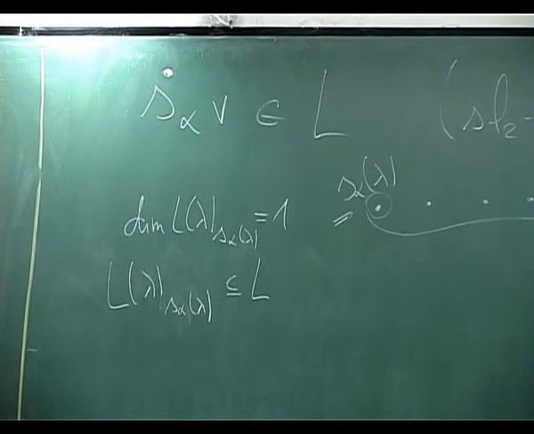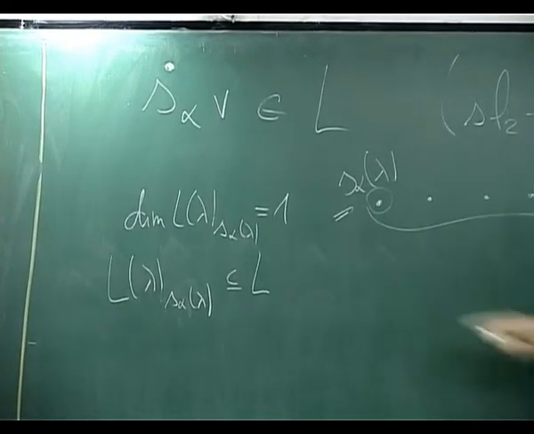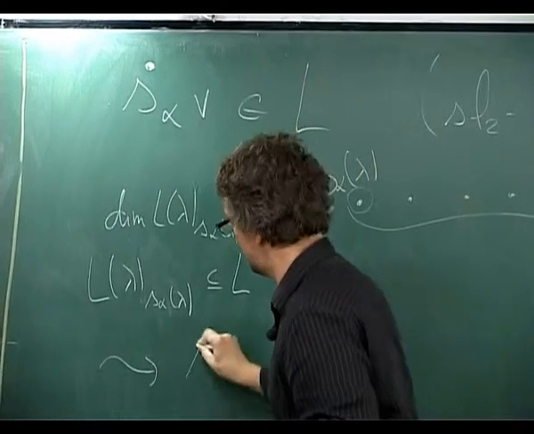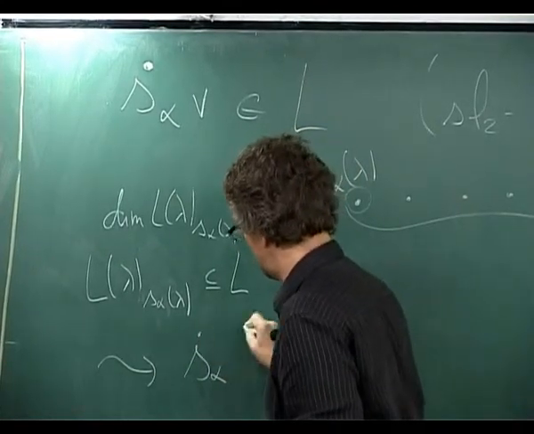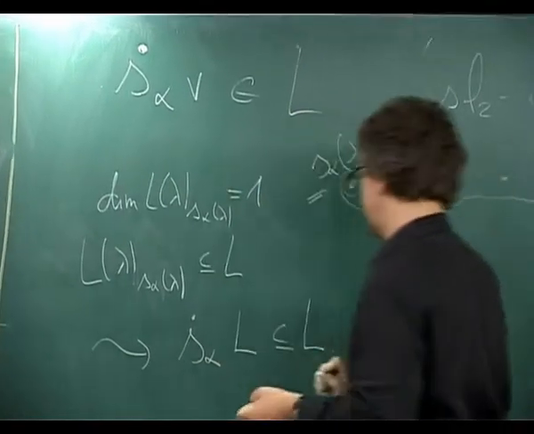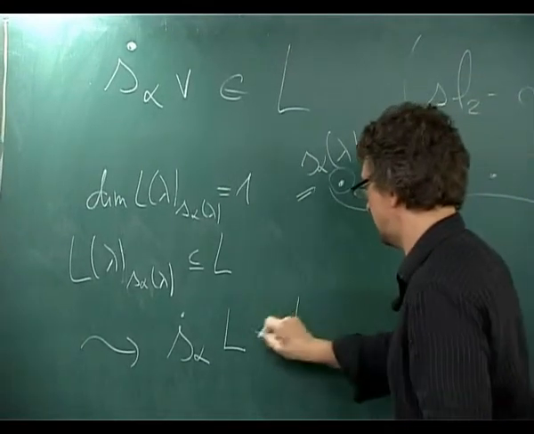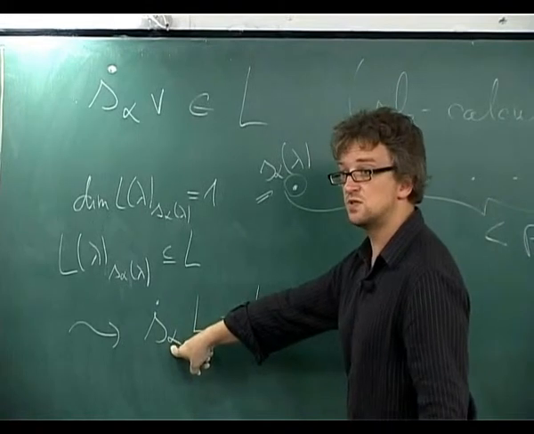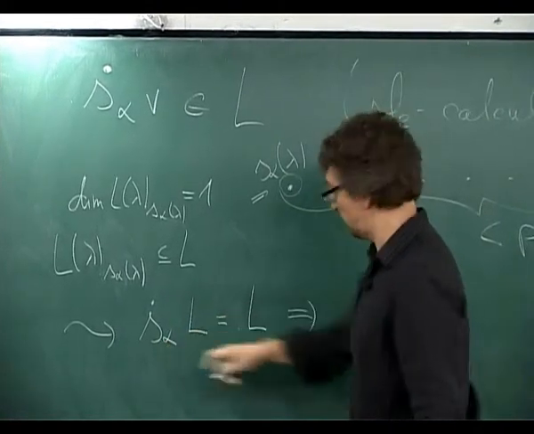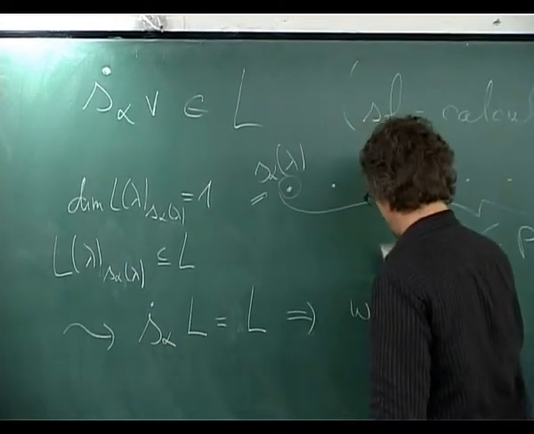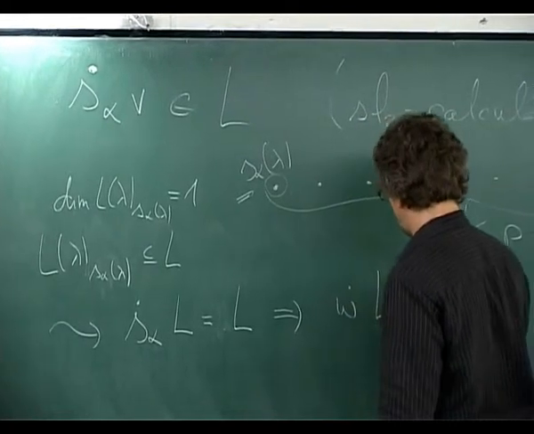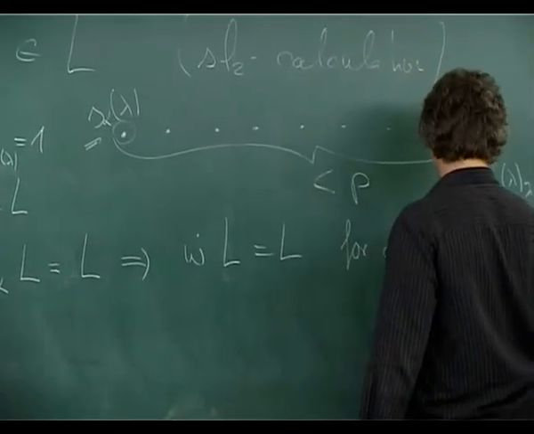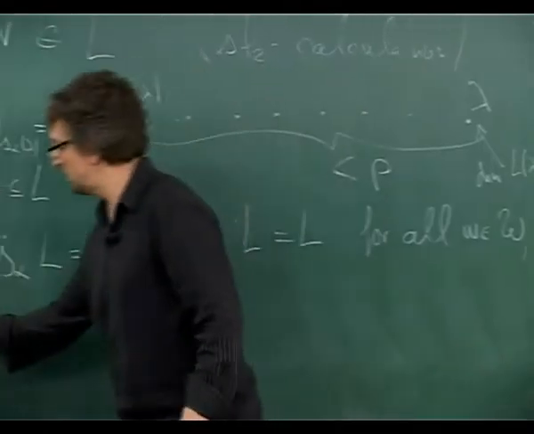So these reflections mean that S alpha dot L is the same as L. Since the reflections with the simple roots generate the whole Weyl group, this means W dot L equals L for all W, as W is generated.